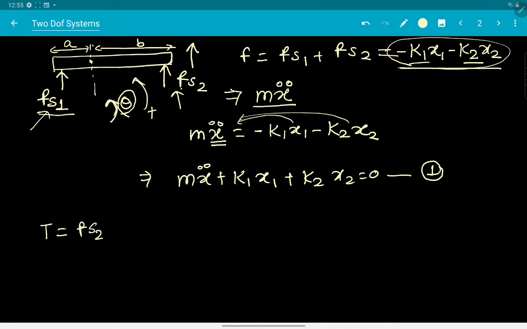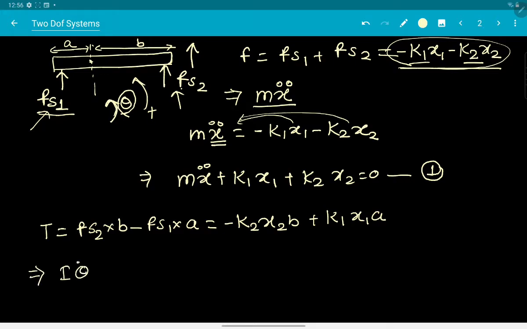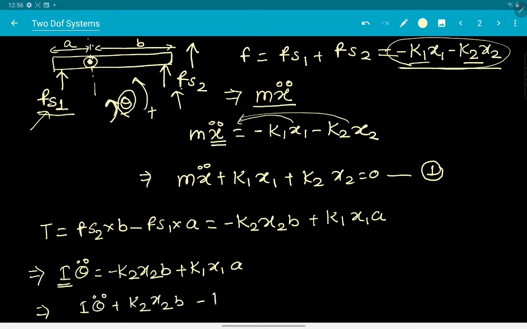I'll write that first, which will be Fs2 times b minus Fs1 times a, which is equal to minus k2 x2 b plus k1 x1 a. This tells me that I theta double dot, where I is the moment of inertia about this point and about this axis, is equal to minus k2 x2 b plus k1 x1 a. So I theta double dot plus k2 x2 b minus k1 x1 a equals 0. This is equation number 2.